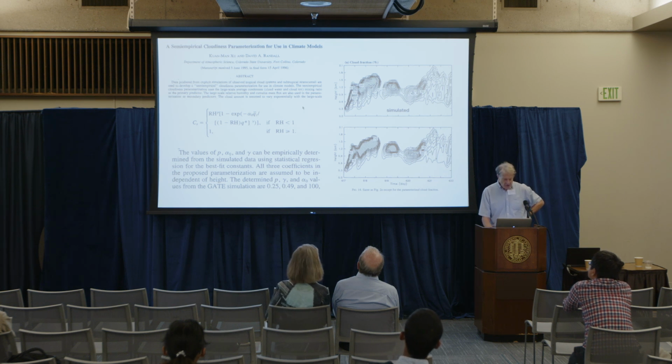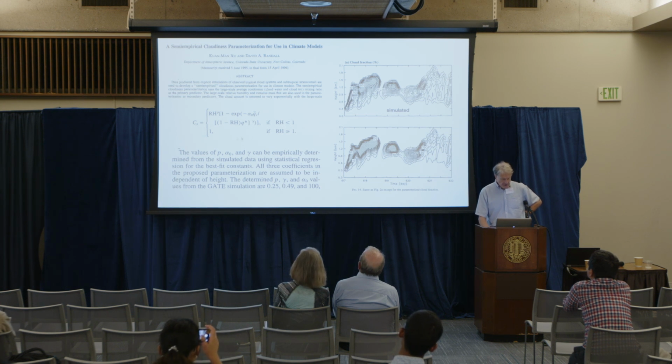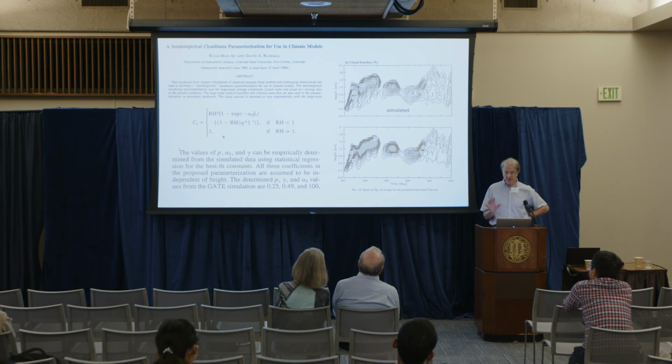This is based on a longer set of simulations with observed large-scale forcing from GATE and also from a stratocumulus simulation. And this formula was developed from the cloud system resolving model results, and this is the most cited paper from our work, over 300 citations on this one.